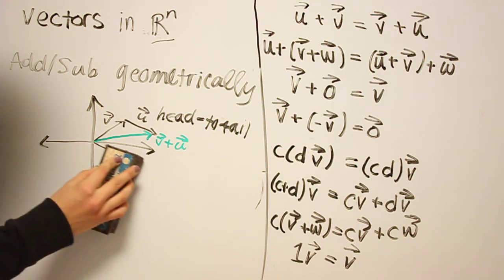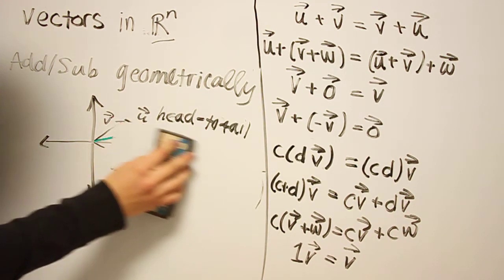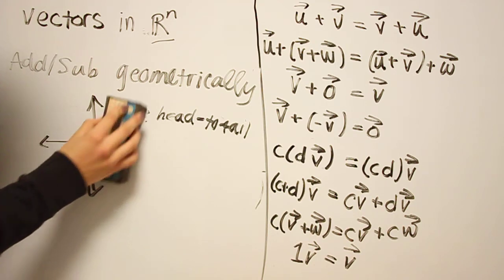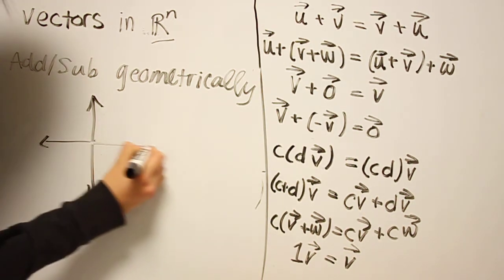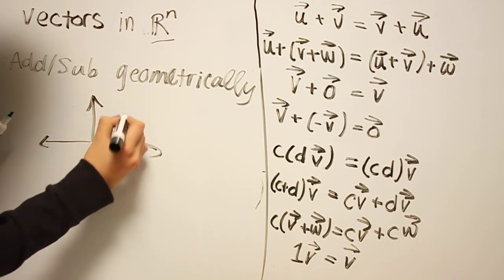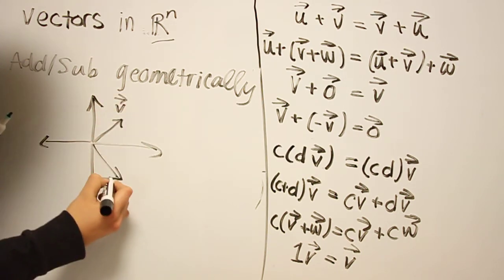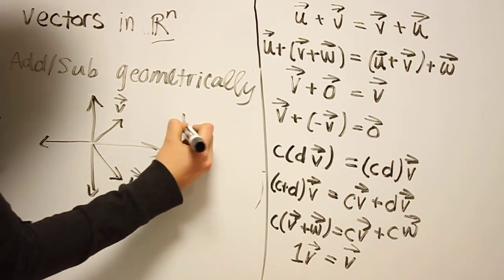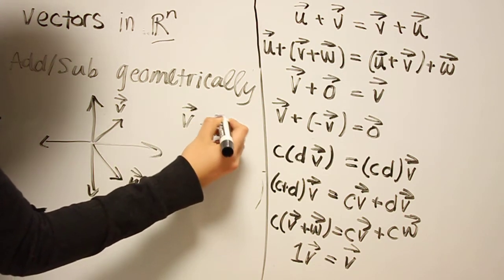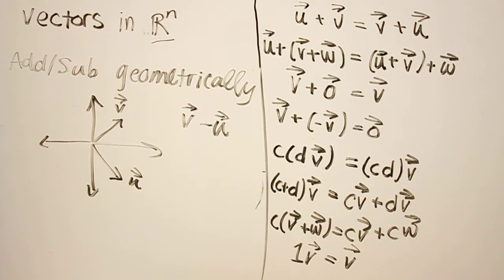Let's go ahead and see if we want to subtract things now. So let's say this v again. We have this u again. Say we wanted to find v minus u. So what is that geometrically?